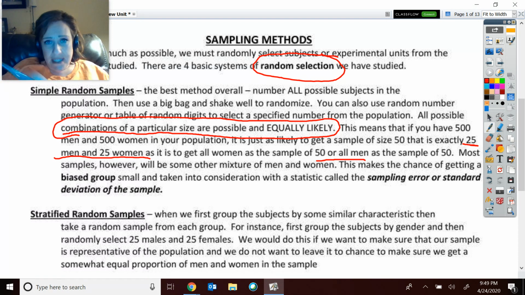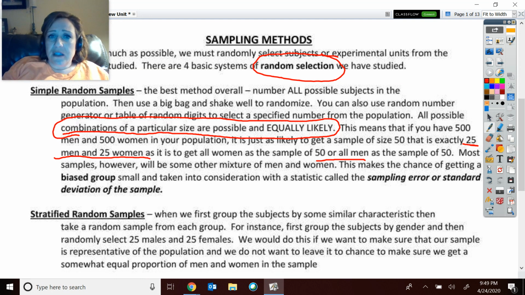Most samples, however, are going to be some other mixture. You're going to have tons that include men and women. Only one is going to be all 50 men or all 50 women. Because there are so many other samples that have the mixture of men and women, the chance of getting that biased group that's all women or all men is pretty small.